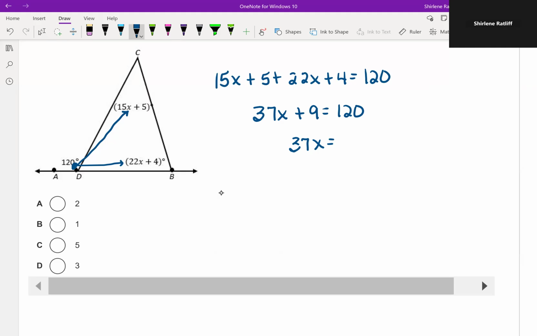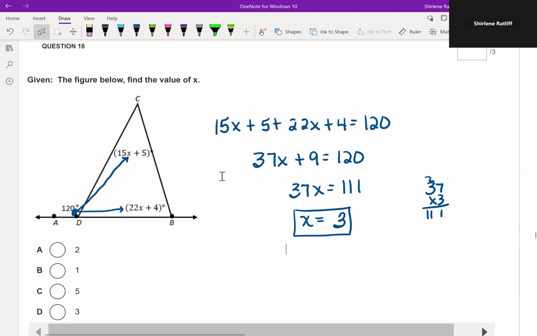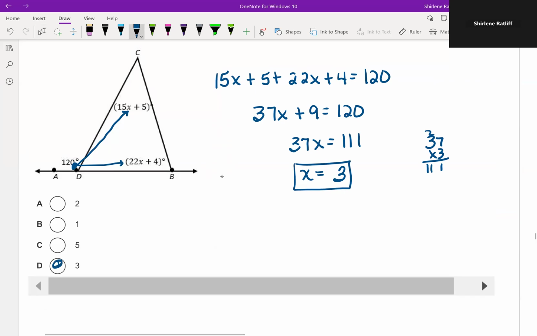If you subtract 9, that'll give us 111. So that must mean that x is equal to, I think it's 3, but let's check. 37 times 3. That's it. All right, now do they want us to plug it in or just solve for x? Find the value of x. x is 3, so we're done with that.